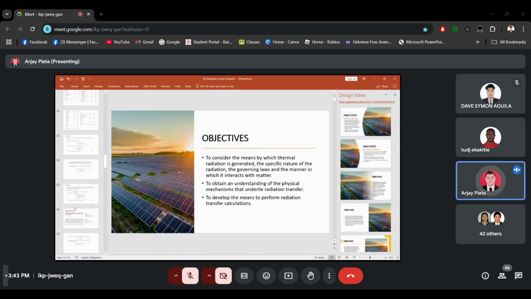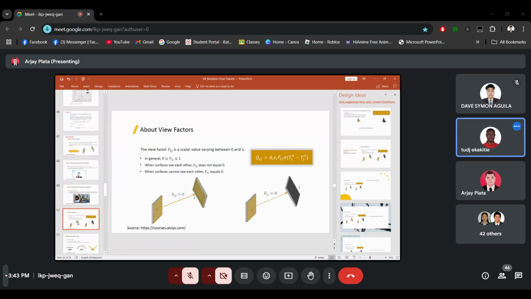Going back to view factor, part 2. As we all know, view factor Fij is a scalar value varying from 0 to 1. In general, Fij is greater than 0 but less than 1. When surfaces see each other like this one, Fij is greater than 0.